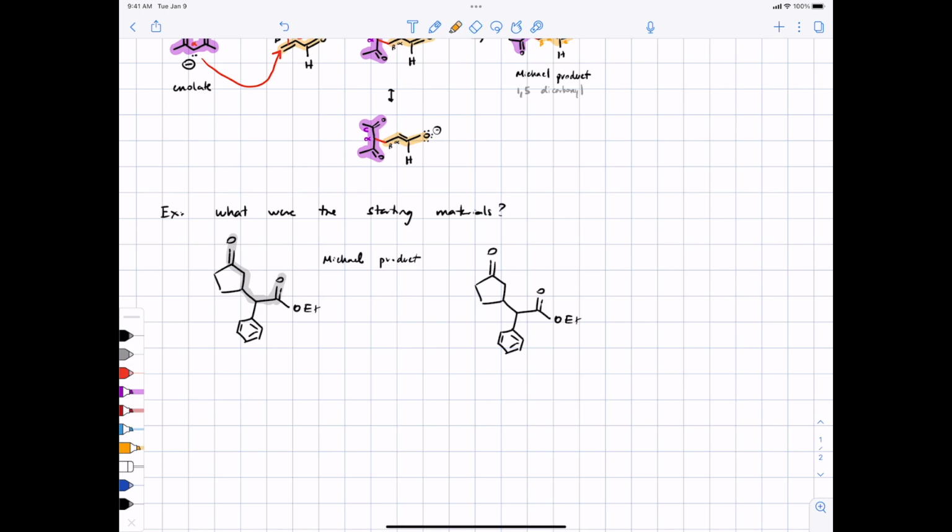Was this the alpha beta unsaturated carbonyl compound and this was my nucleophile? Or alternatively, would it have been reasonable for it to be this way, this my alpha beta unsaturated carbonyl compound and this my nucleophile?